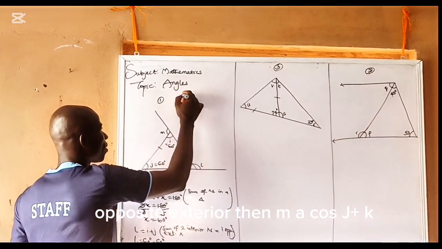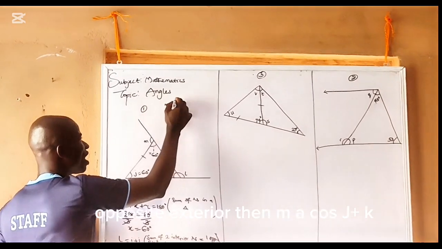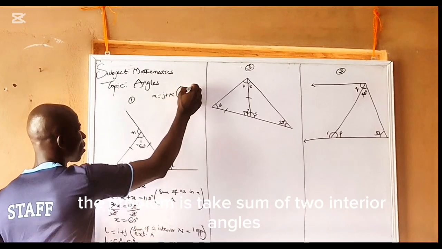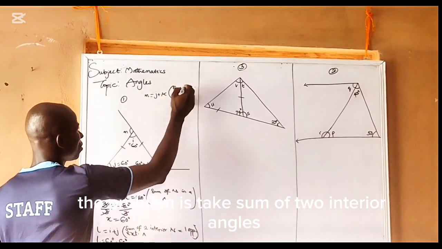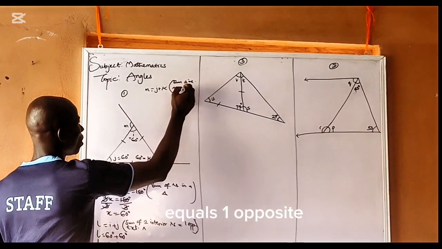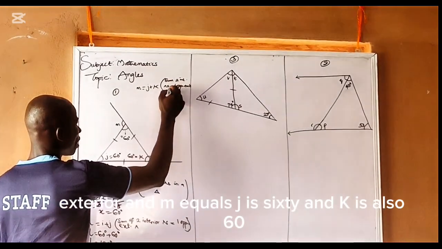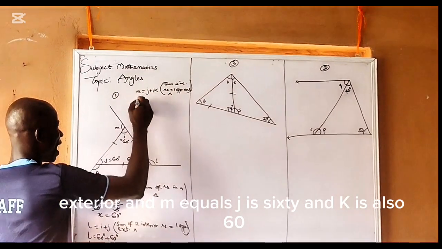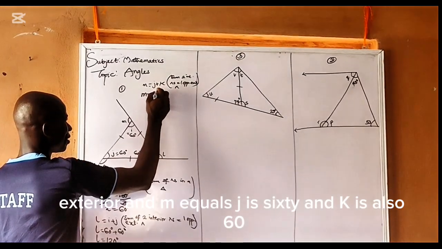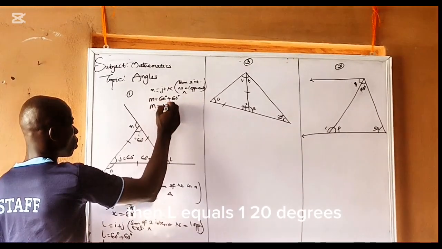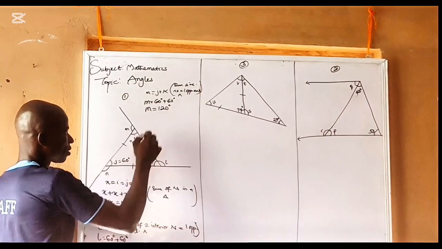Then M equals J plus K. The principle is still the sum of two interior angles equals the one opposite exterior angle. M equals J is 60 and K is also 60. Then M equals 120 degrees.